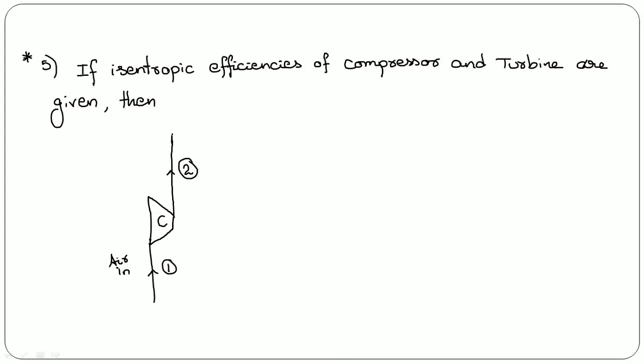Now, this compressed air enters into a combustion chamber. In the combustion chamber, usually fuel will be injected, and as a result of that, combustion takes place in practical cycles.